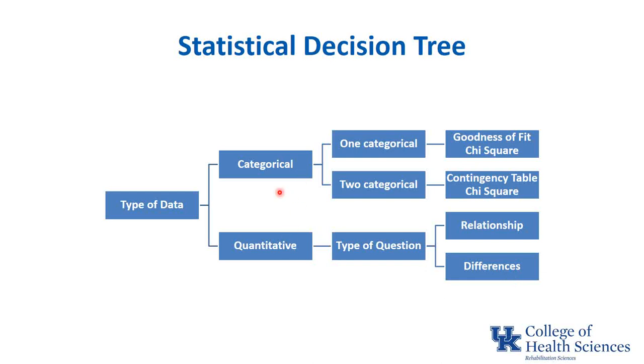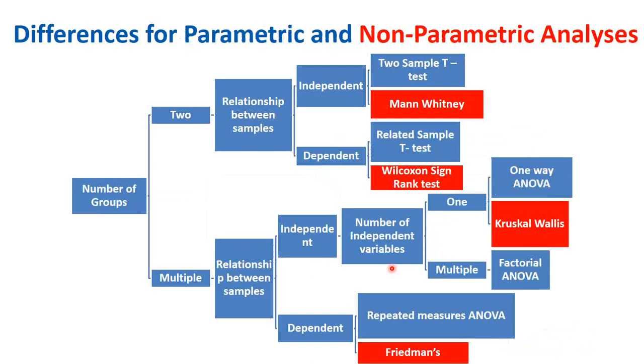Dr. Fleischer is going to talk a little bit more about categorical, and then the type of question. We're going to go into both, but for this component, we're only going to talk about differences. Depending on the number of groups, if you have 2 or more groups, then you're going to have different terminologies. So I'm going to start you with the simple.